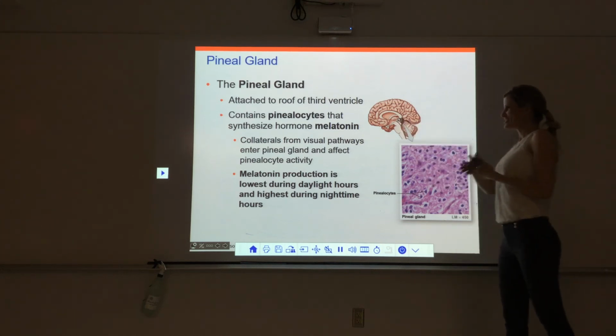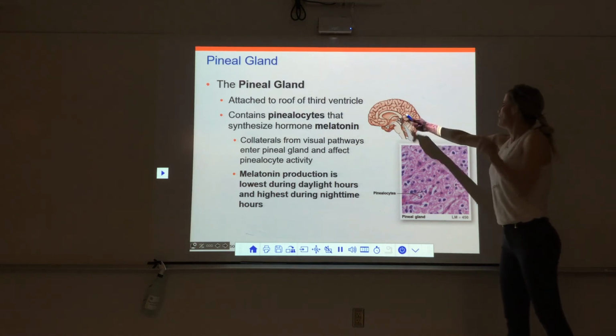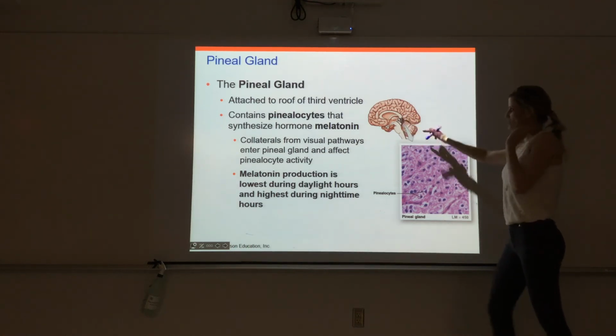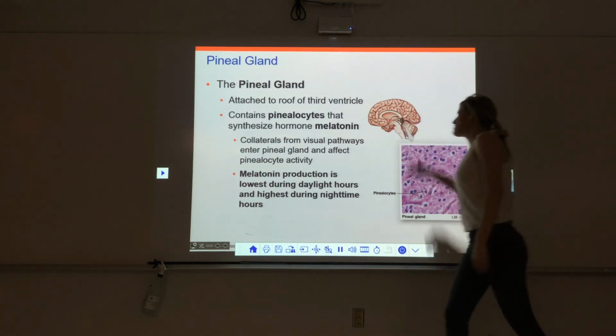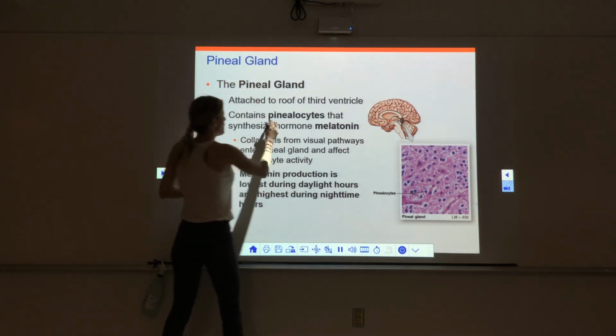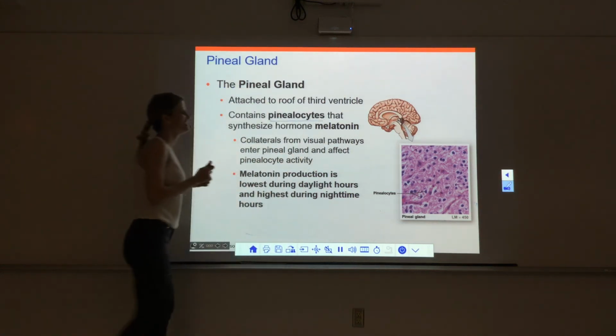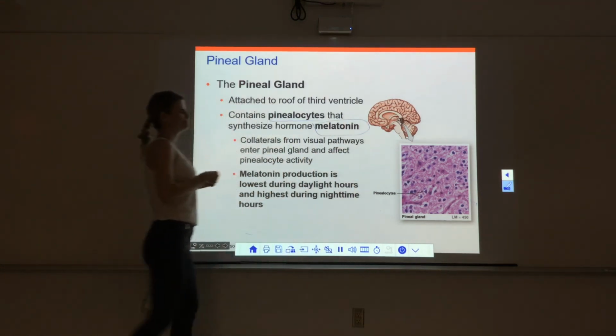But it's a really small, it's like a grain of rice, like a cooked grain of rice, attached to the top of the third ventricle, which remember is this open space down here, at the back or posterior portion of the brain. The pineal gland contains pinealocytes, and these pinealocytes make melatonin.